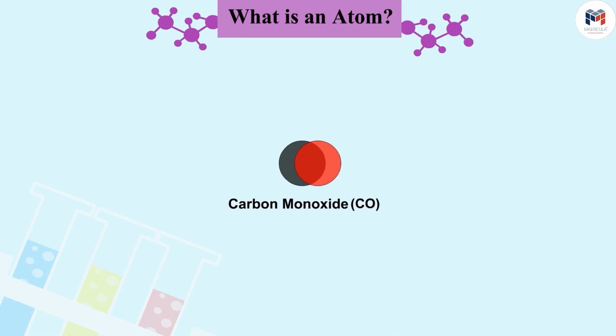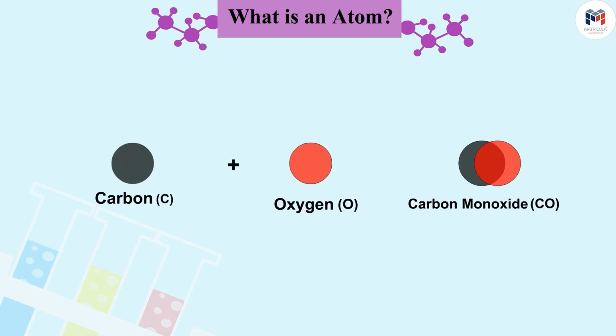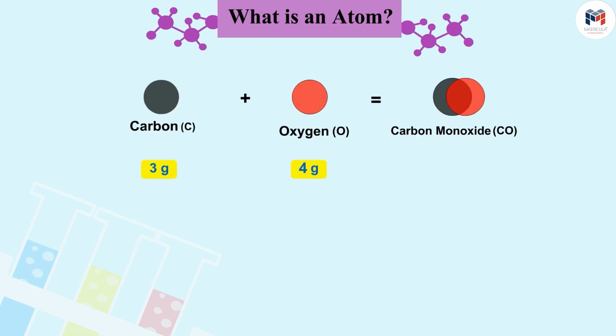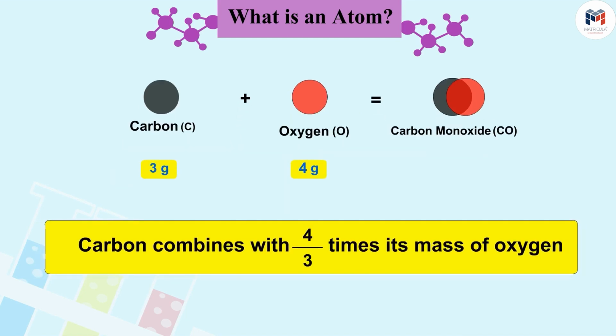Carbon monoxide, CO, is made up of carbon and oxygen. It is made by combining 3 grams of carbon and 4 grams of oxygen. In other words, we can say that carbon combined with 4 by 3 times its mass of oxygen.